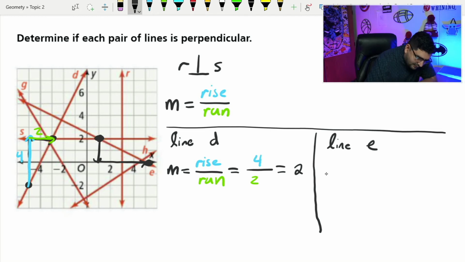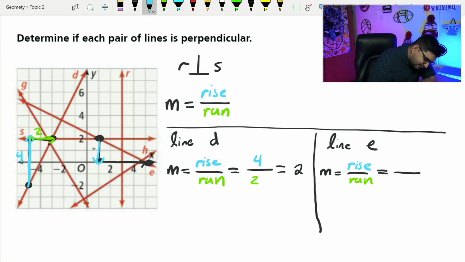So if I'm trying to write this line's rise over run, I would have m equals rise over run. So in this case, its rise went downwards.